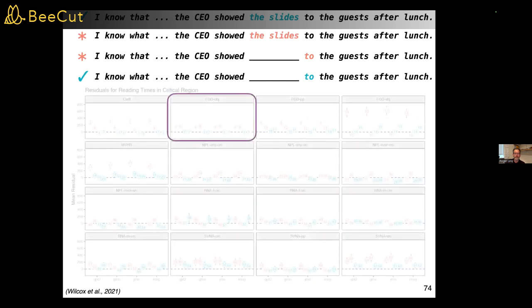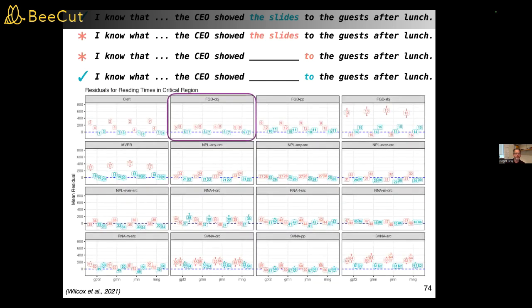And in work out of our lab, we've also shown this. So for example, going back to these filler gap dependency results, in red are cases where there's what we would call a grammatical expectation violation. Sometimes that's a true ungrammaticality. Sometimes it's just a grammatical expectation violation and the sentence is grammatical in the end. Those are the red dots, and the blue dots in this matrix are ones where there's no grammatical expectation violation.